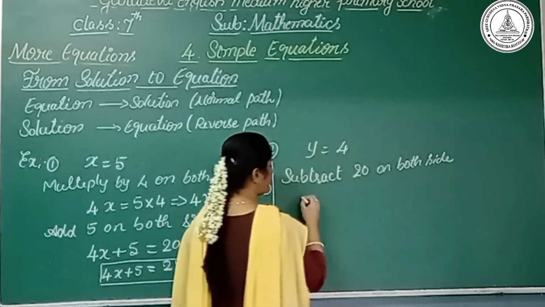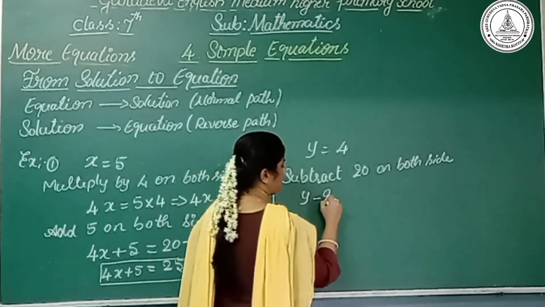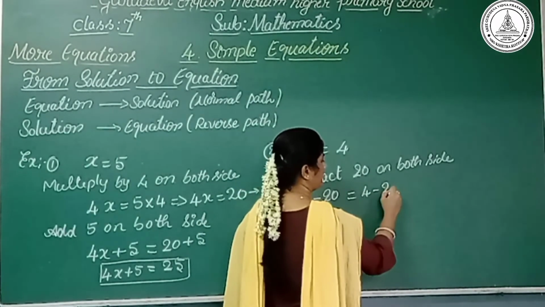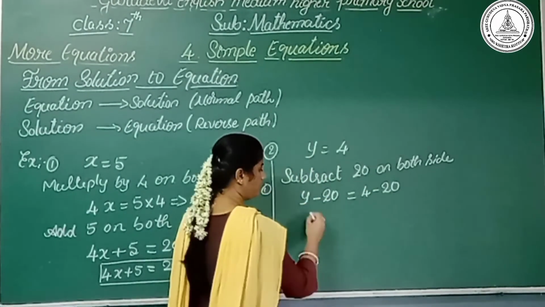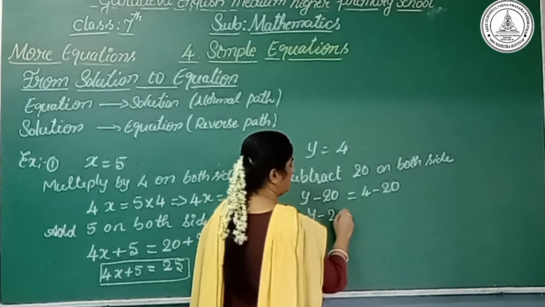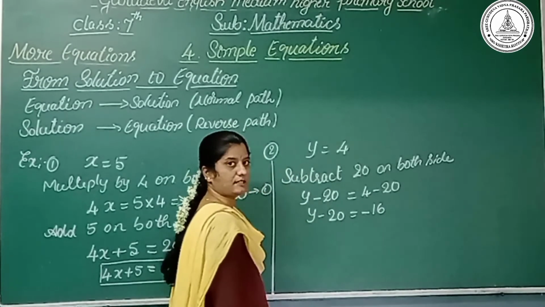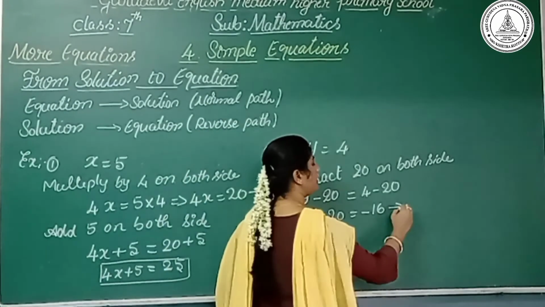What will we get on the LHS? y minus 20, which equals 4 minus 20. Then we will get y minus 20 equals 4 minus 20, which is minus 16. Okay, it is one of the equations, right?